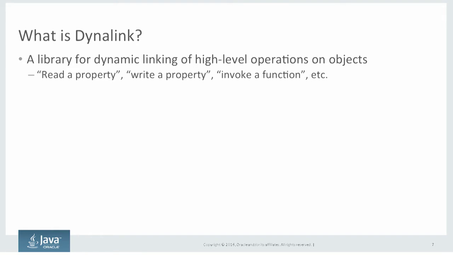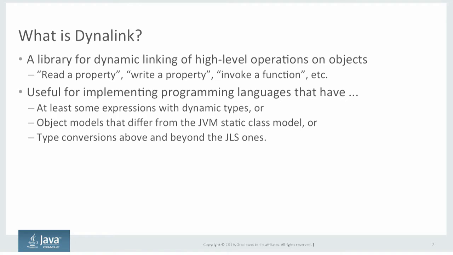So, brief recap. Dynalink is a library for dynamic linking of high-level operations on objects. Read, write, invoke, whatnot. It's normally used in programming language implementations. The most prominent user is Nashorn, probably, which is also the context in which Dynalink was developed.